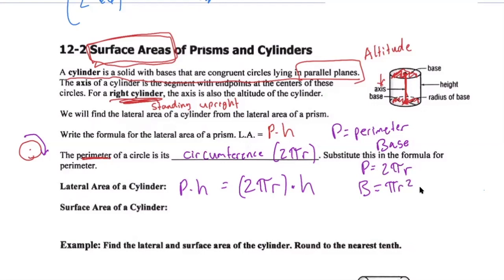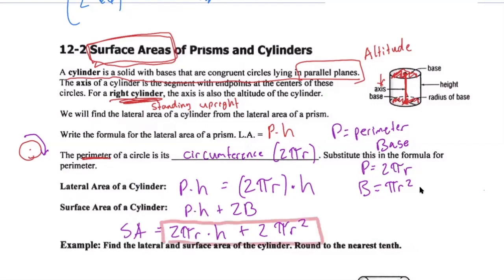Okay, so you just plug that in, right? Because now we're still using the same formula as yesterday's lesson, but now instead of P, you're doing 2 pi r times h plus 2 times the base area, pi r squared. So essentially, these are your 2 formulas for today, which to be honest isn't anything new.